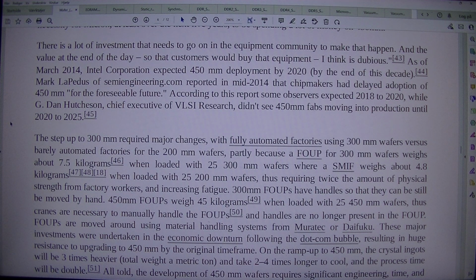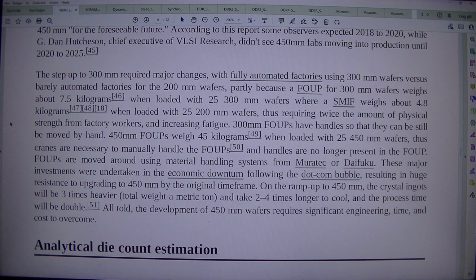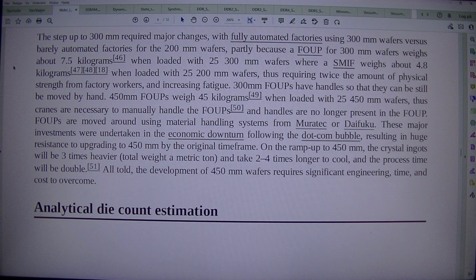The step up to 300 mm required major changes, with fully automated factories using 300 mm wafers versus barely automated factories for the 200 mm wafers.